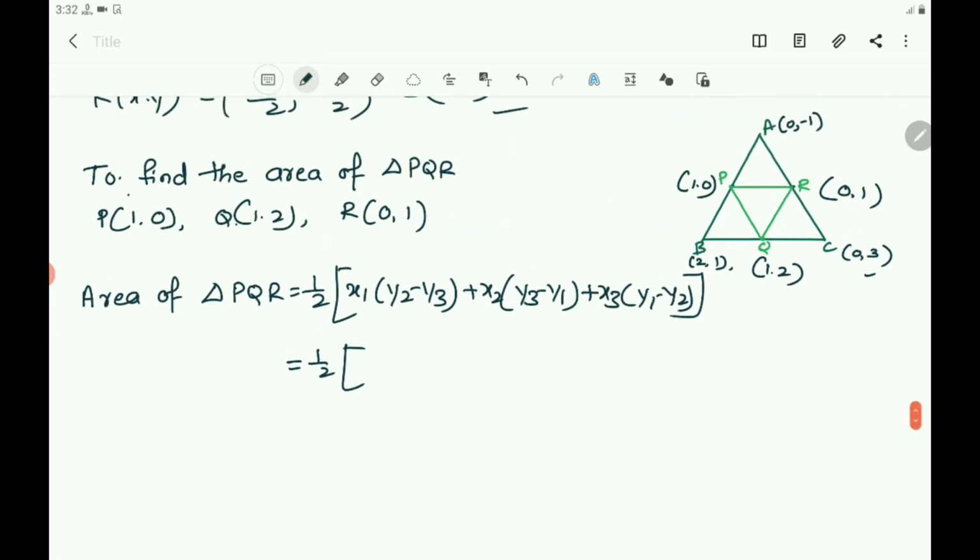So here these are x1 y1, x2 y2, x3 y3. Now you write x1 is 1, y2 is 2, y3 is 1.